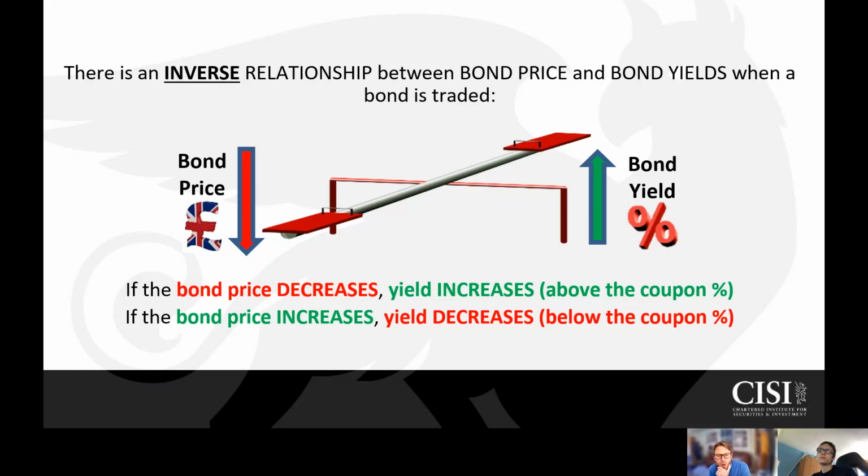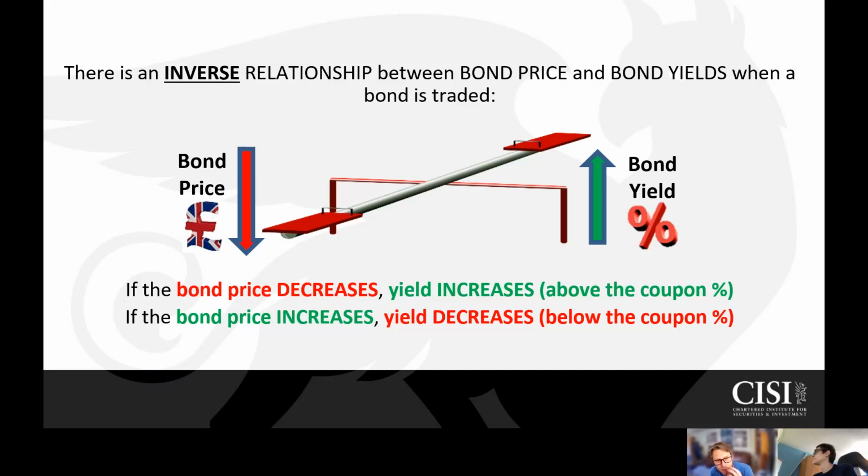If the bond price goes below the nominal value and the yield goes up, it normally goes up in relationship to the coupon, and the opposite would occur if the bond price increases.